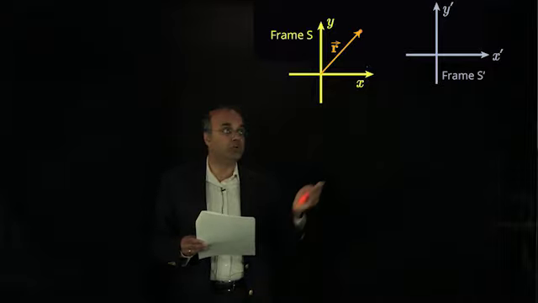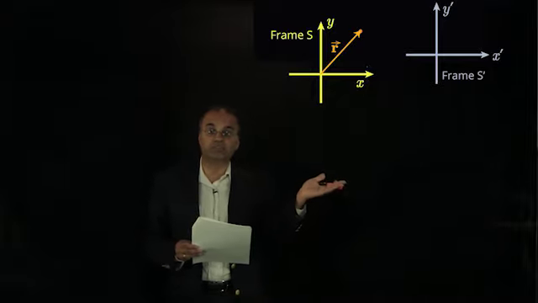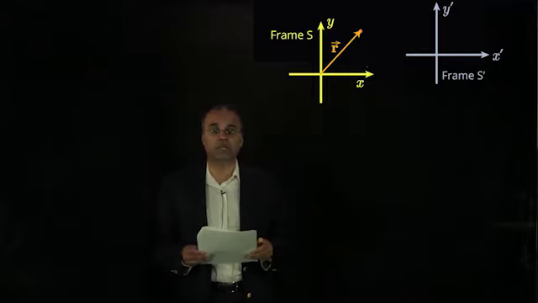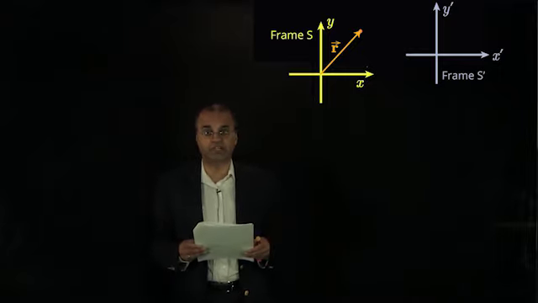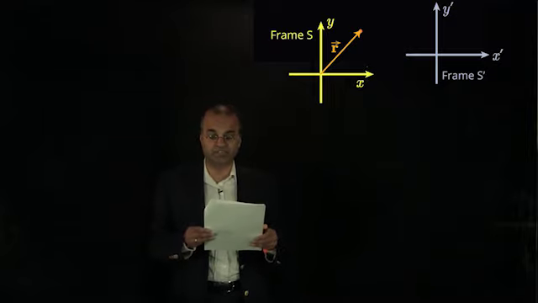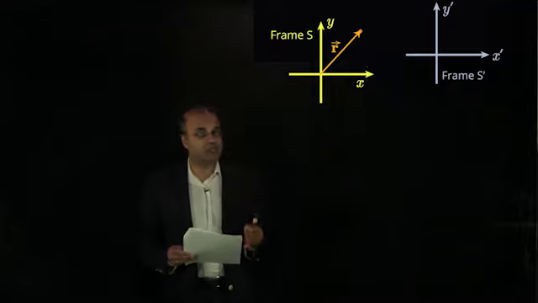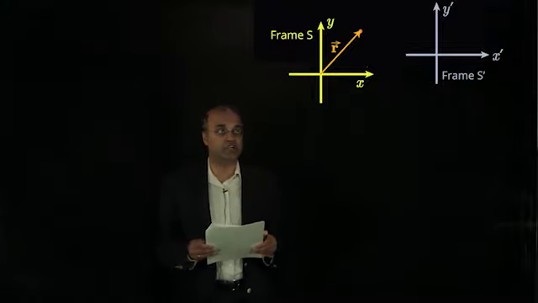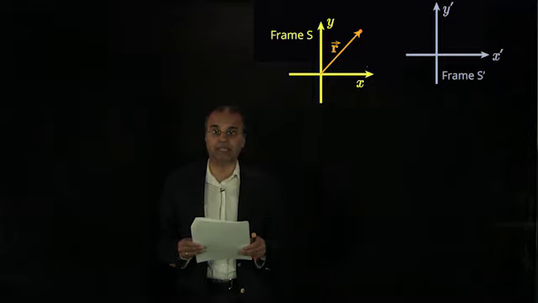More generally, we could have the S prime coordinate axes rotated with respect to the frame S axes. That's a complication I'm not going to add now, but conceptually it's not really different. For simplicity, we'll stick to parallel axes in this example. So imagine we have two observers, one in frame S at the origin and one at the origin of frame S prime, both looking at the same object.